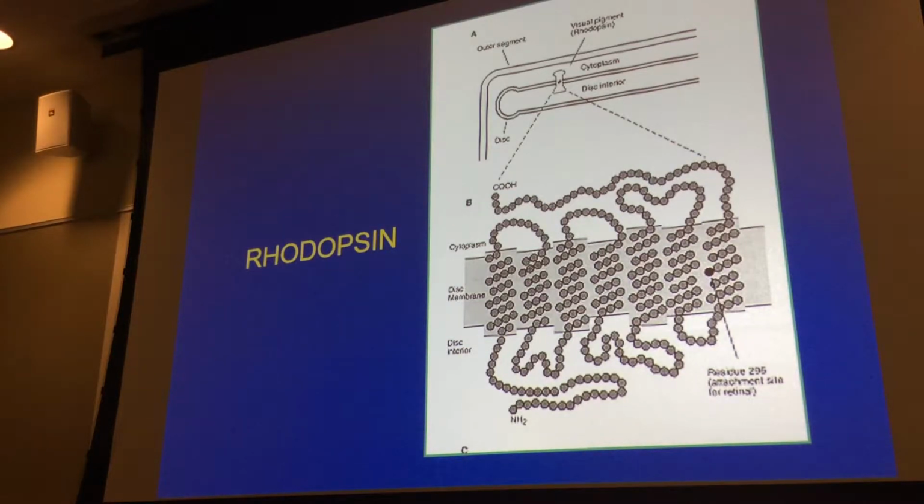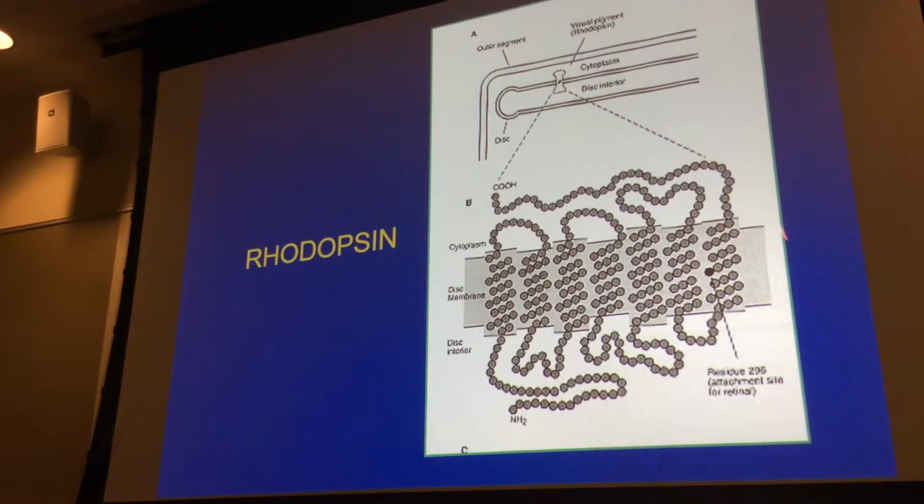So it was really easy to take these rod outer segments and purify the protein rhodopsin using techniques in the mid-20th century that we would consider primitive today, certainly long before the molecular biology techniques we use today to sequence DNA and RNA and so forth to obtain the structures of all the proteins we do today.